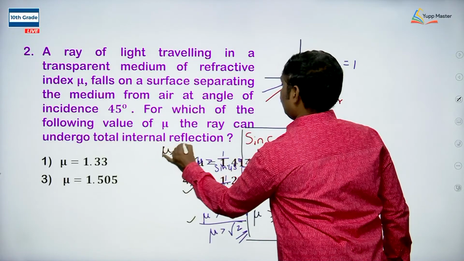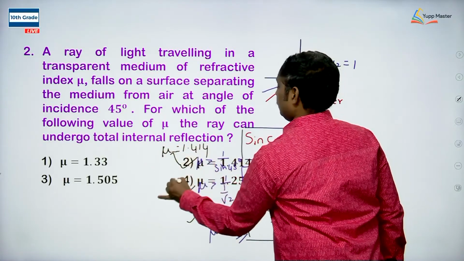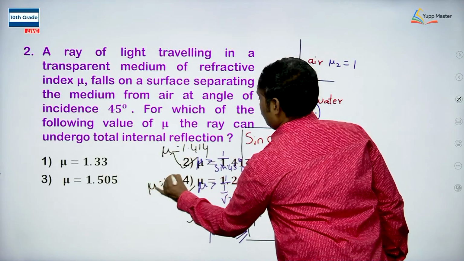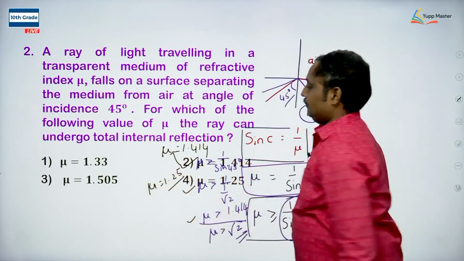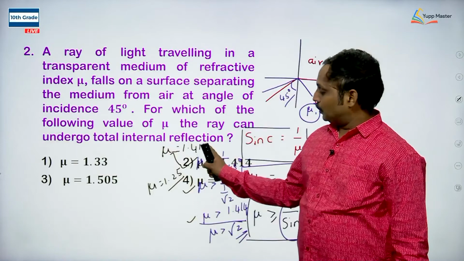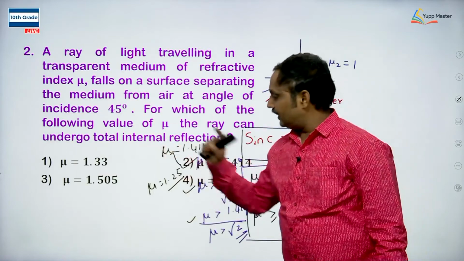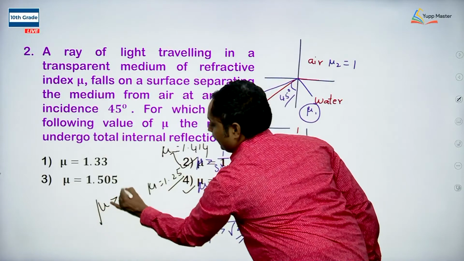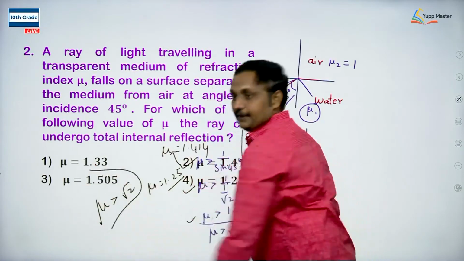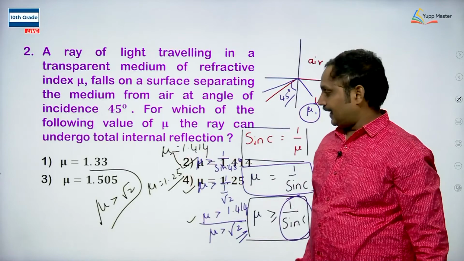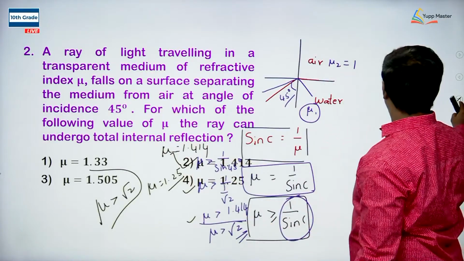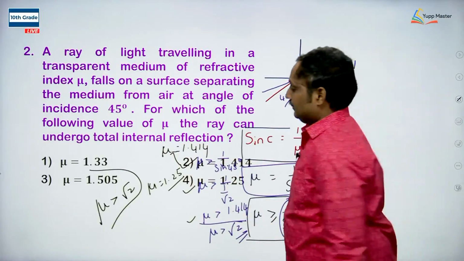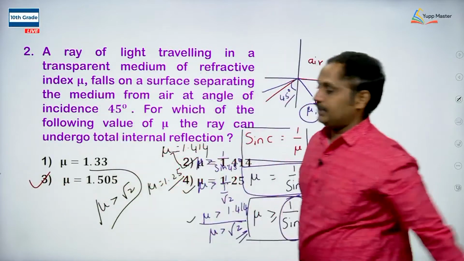So mu equal to 1.414, mu equal to 1.25. These are root 2, less than root 2, less than root 2, but mu greater than root 2 is the case that is going to be correct. Yeah, we can confirm this case.